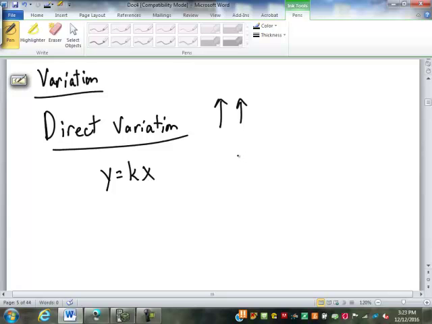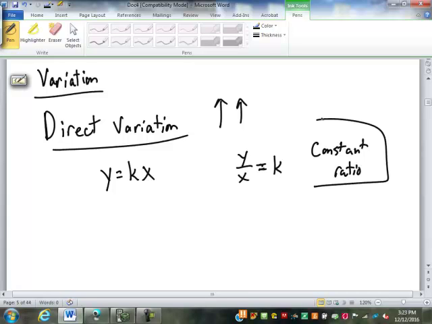Another way of expressing it might be that y over x equals a constant. And we mentioned we use that term last hour of a constant ratio. And that's what this is saying. The ratio between y and x is a constant. If y doubles, x has to double. If y is cut to a third, x is cut to a third. Because their ratio has to stay the same.